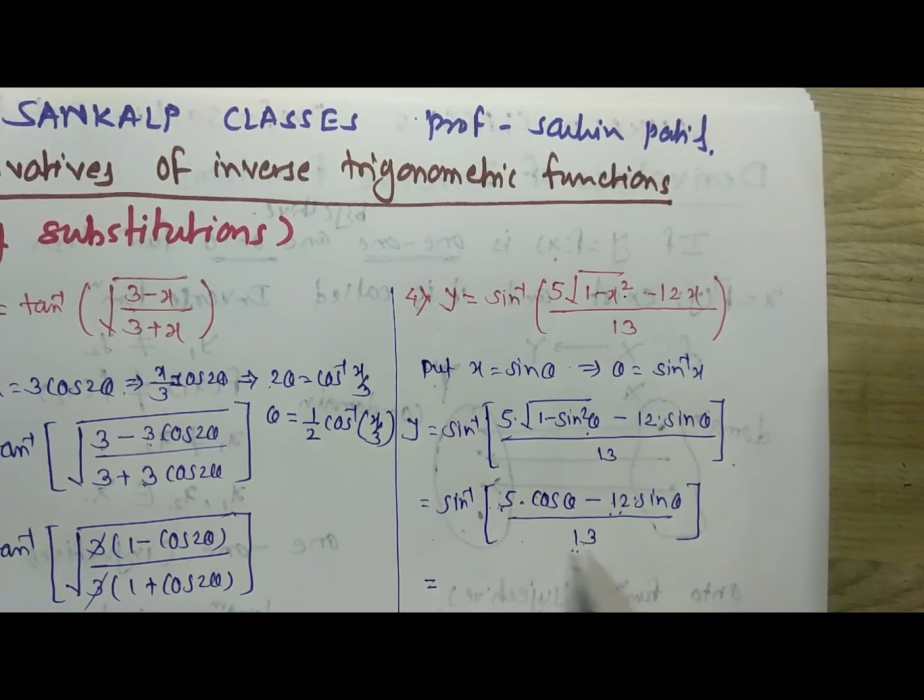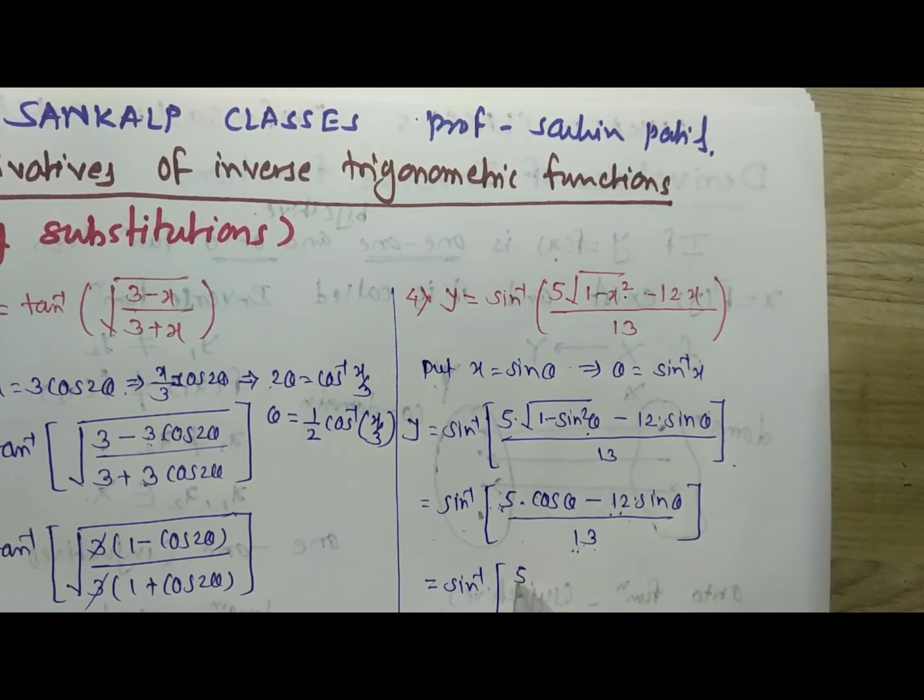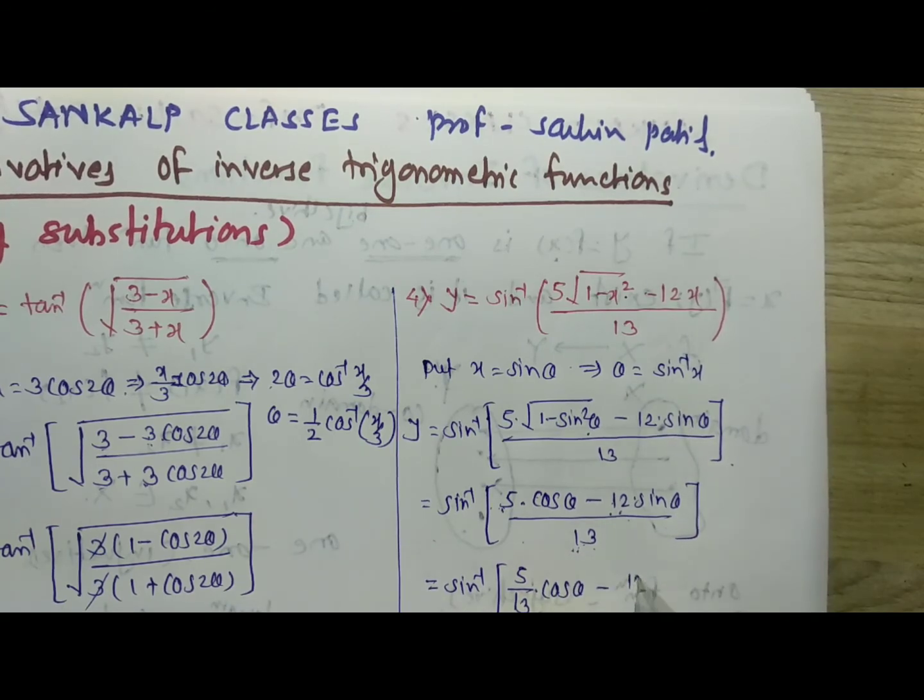This 13 is the denominator of both terms, and therefore sine inverse inside the bracket 5 divided by 13 into cos theta minus 12 divided by 13 into sine theta.